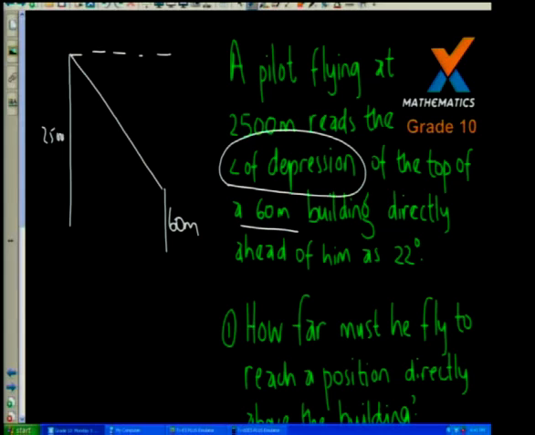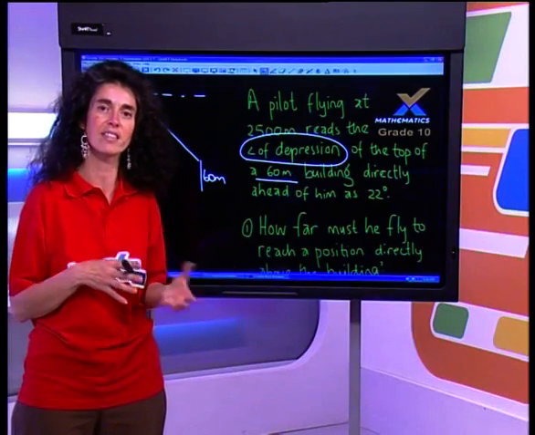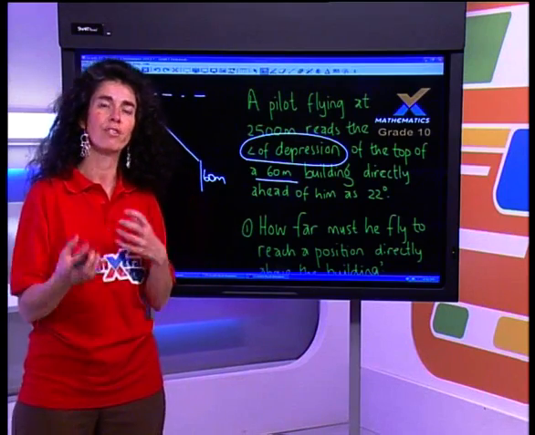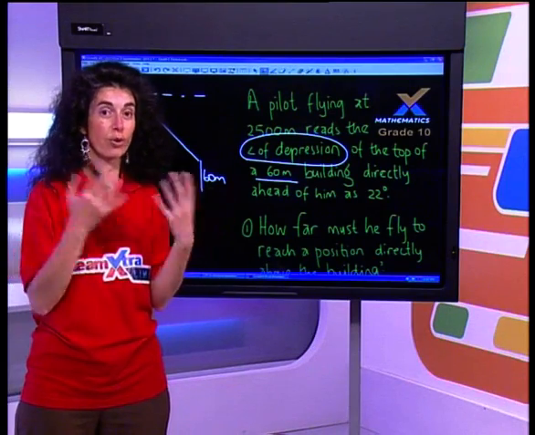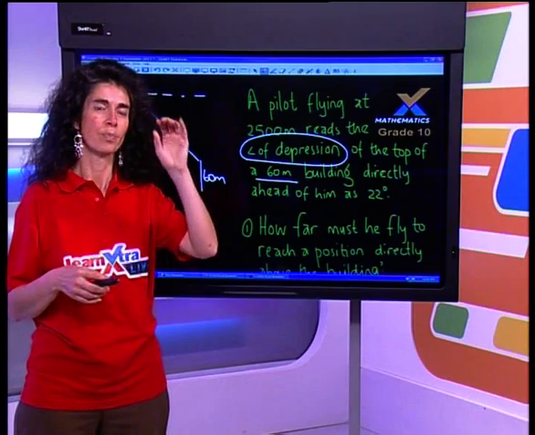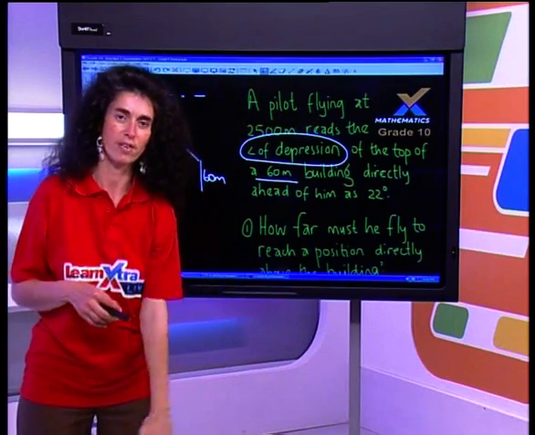Okay. So as a smart student, and this is not just in mathematics, but all across the other subjects, whether we're doing English or geography or any of the sciences, you need to always go back and read for meaning. You're not just reading that there are words going through your head, but you're wanting to extract as much meaning as possible. So the first thing is the pilot's flying at 2,500 meters.